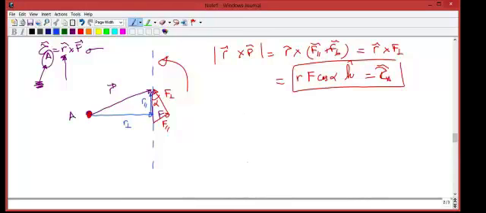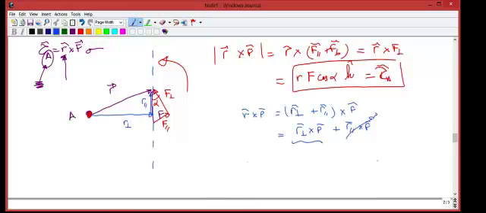Therefore, R cross F could be R perpendicular plus R parallel cross F. Same thing, distribute both terms, R perpendicular cross F plus R parallel cross F. But similarly, R parallel is by definition parallel to F, so 0.